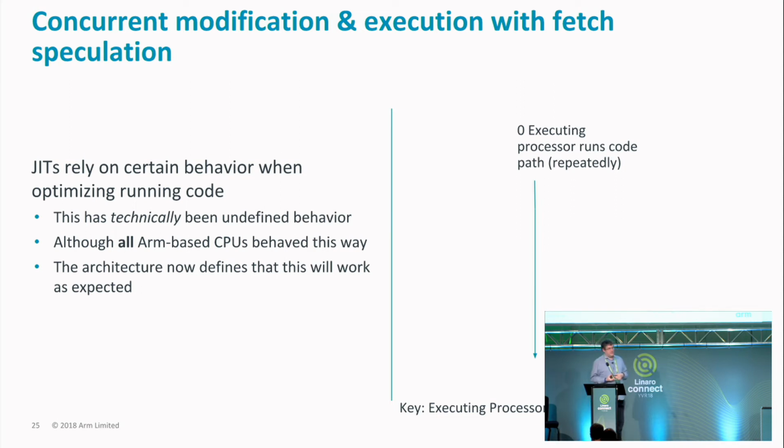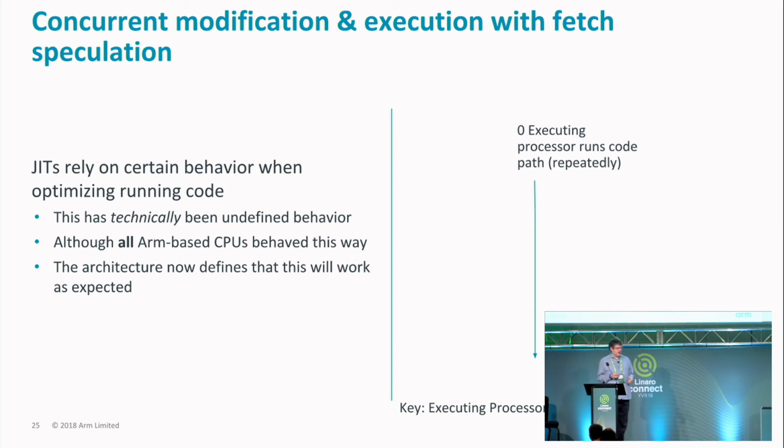So what we're trying to do is that an executing processor will run this code path repeatedly, and your JIT will see that that's hot and decide that it wants to optimize that code, running in another thread on another processor whilst you're still running your code, so that you don't see any stoppages.